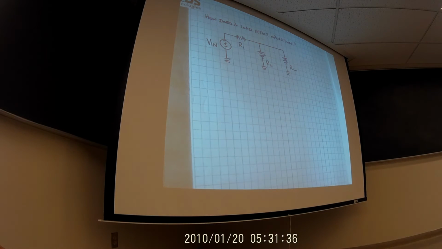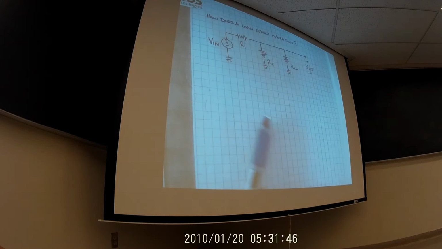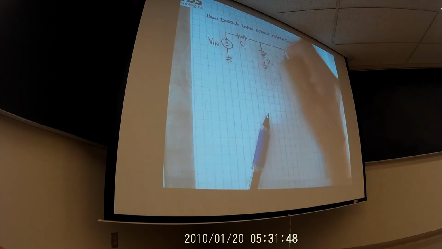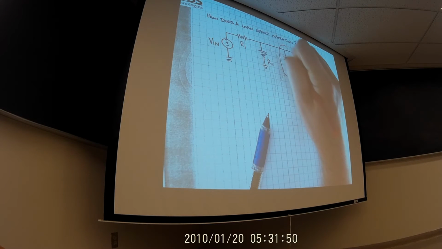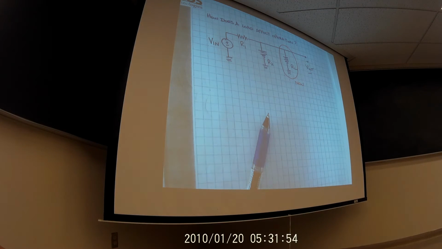Okay, and so our V out is still over here. The only difference now is that we have this guy, and this will represent the device that's actually consuming power from the user.